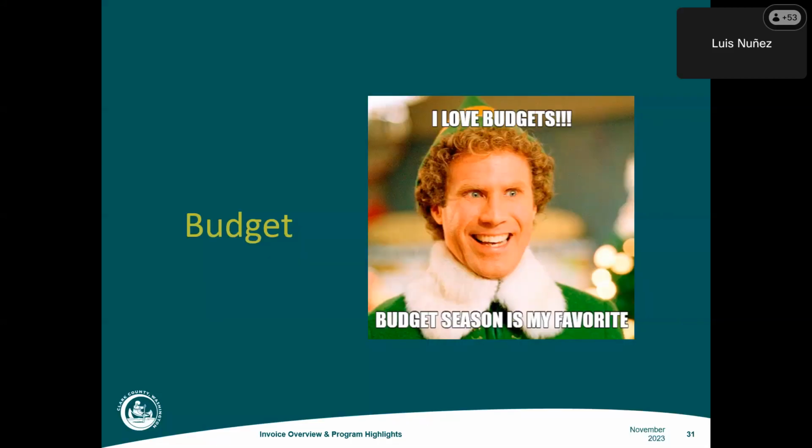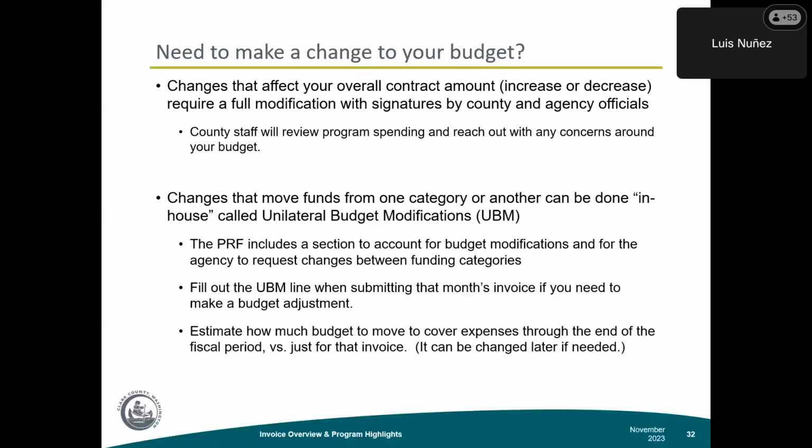The next slide. Moving on to budget. So we're going to be covering how to make changes to your budget and then what a UBM is. If there is a need to make a change to the overall budget of the contract, whether increasing or decreasing, this is going to require a full formal modification, and this requires signatures from both the agency and the county.